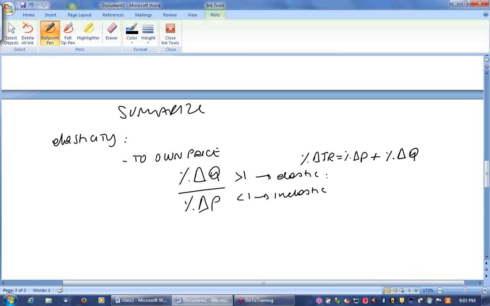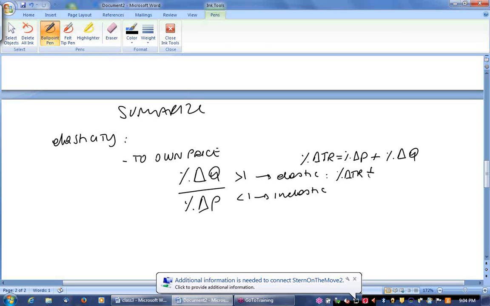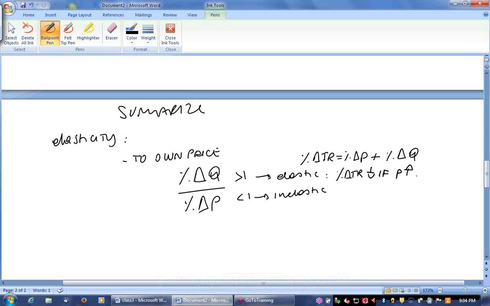So if the demand is elastic, the percentage change in total revenues is decreasing whenever you increase the price, and is increasing if you decrease the price.